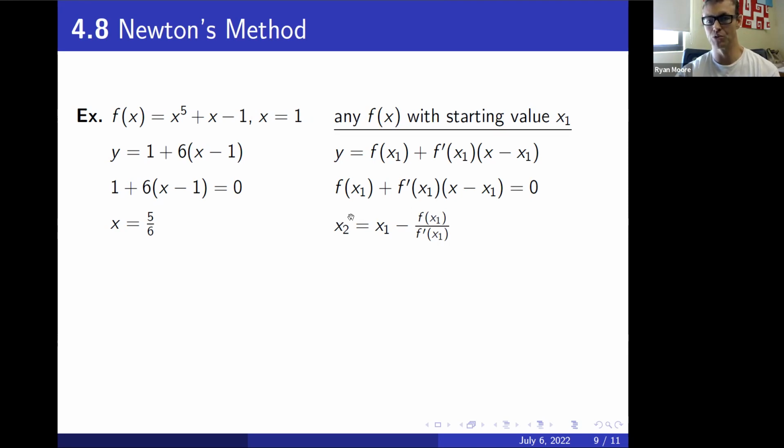So we can just go directly to the result and say our third approximation, x3, would equal x2 minus f of x2 over f prime x2. We wouldn't have to stop there. We could do a fourth and a fifth and a sixth, however many we deem necessary, right? So our fourth approximation would use x3 and so on.